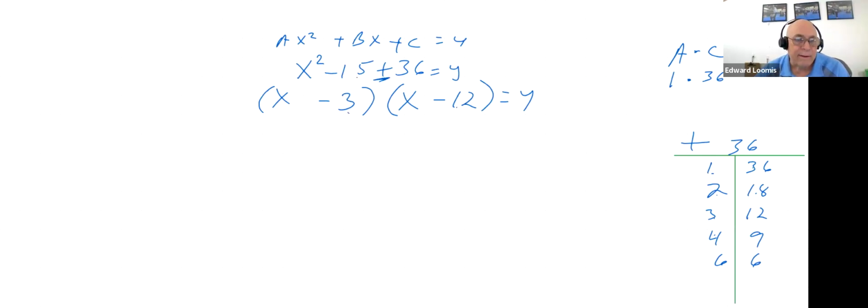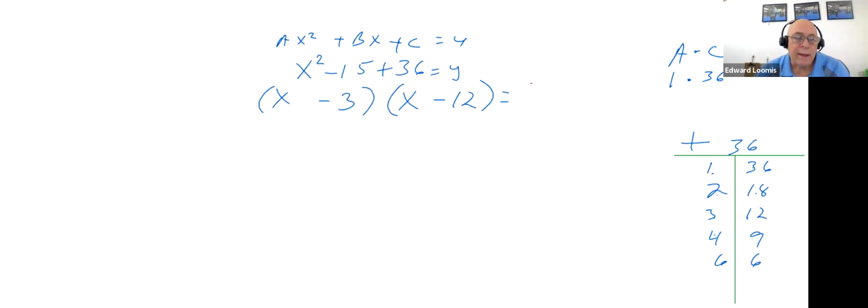So there we have it. Now, my next question is going to be, what are the x values when my y is equal to 0? So I'm just going to change y. If y is 0, then what are my x values?